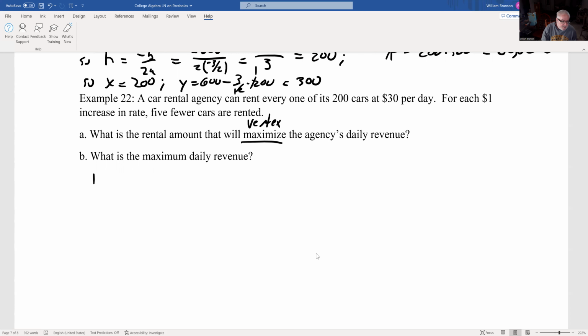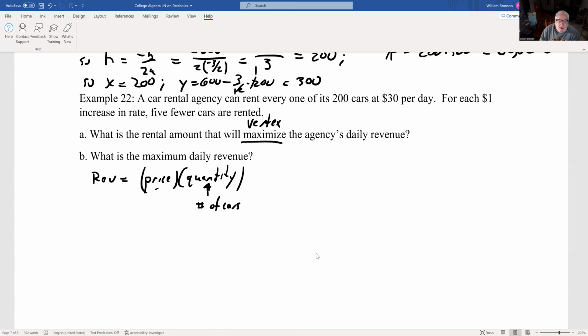So revenue is price times quantity. Right? What you can charge for something times how many you can sell of them. So this is the number of cars they rent, and this is the price.